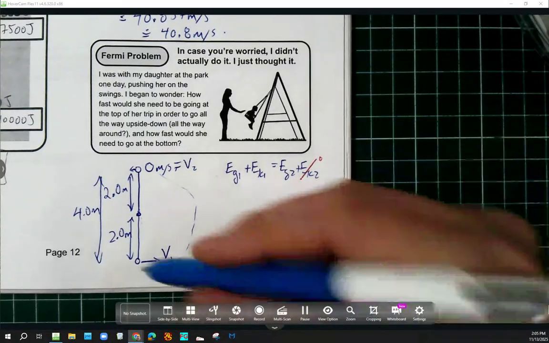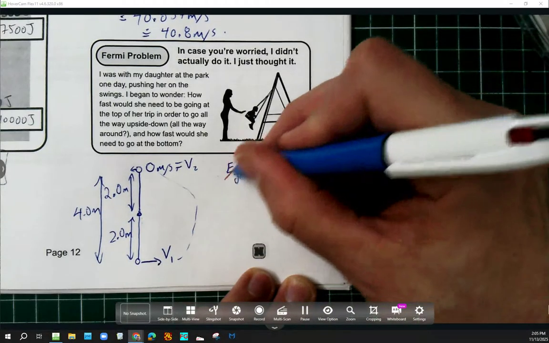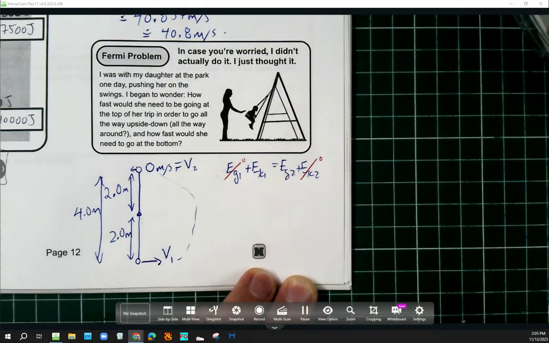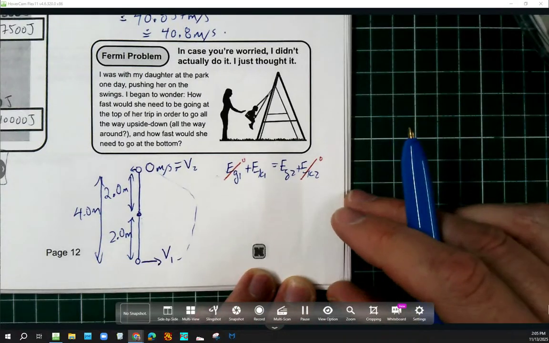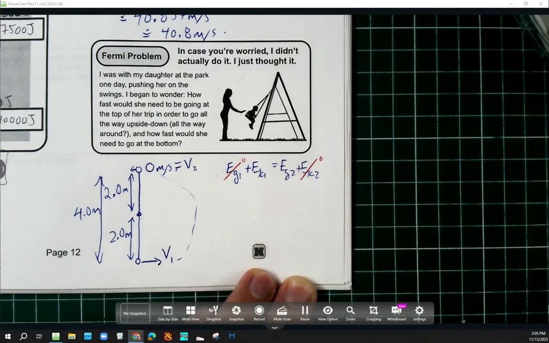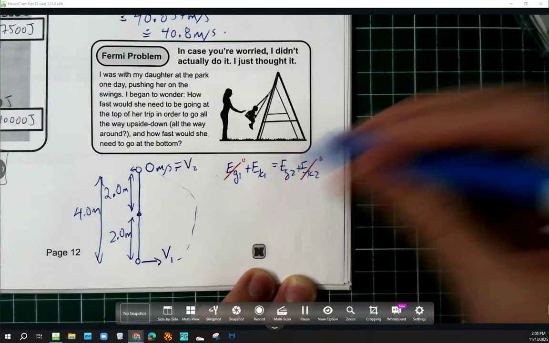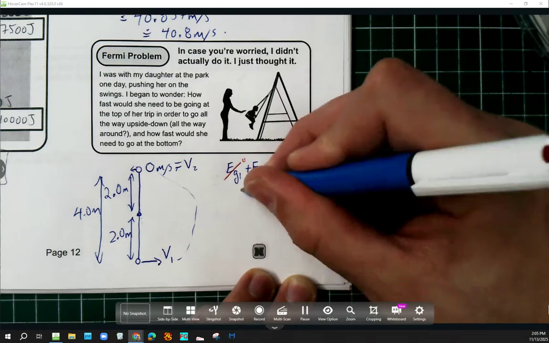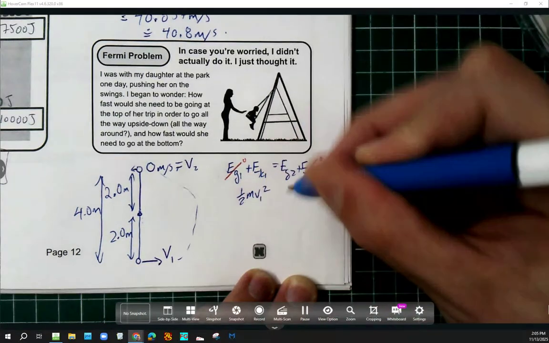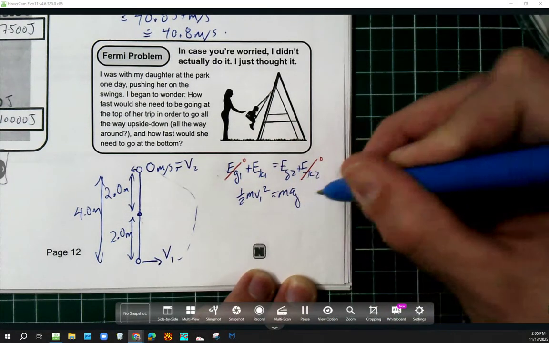And at the bottom, if I call the bottom a height of 0, the EG would just be equal to 0. And that would mean, again, that this fits a very familiar pattern, that even though these situations, high jumpers, roller coasters, swings, all seem very different, in reality, there's a pattern that emerges. So I would say 1/2 m v1 squared equals mass times acceleration due to gravity times height 2.